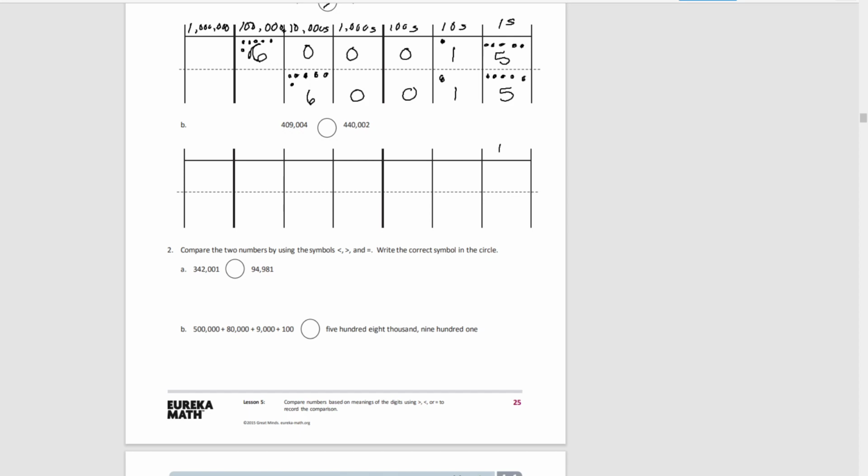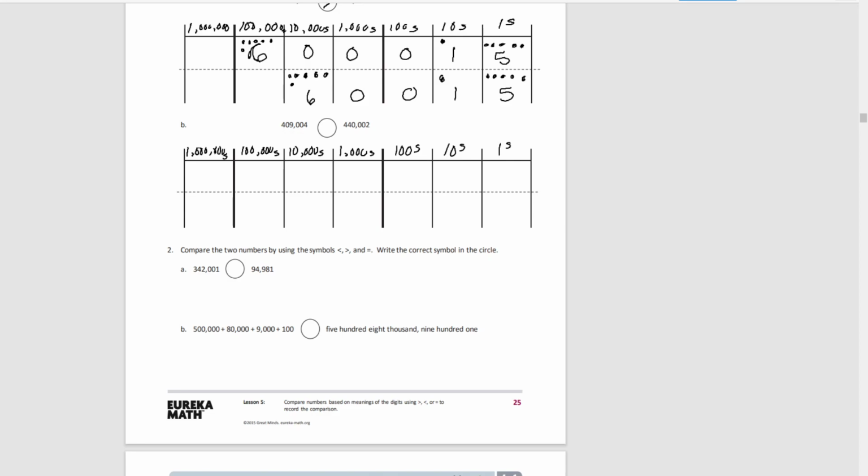We'll start with labeling our place value chart. And you can write the number in or just write the place value disc in.